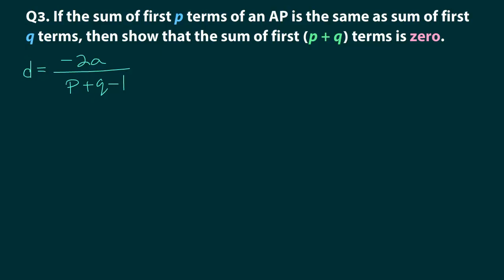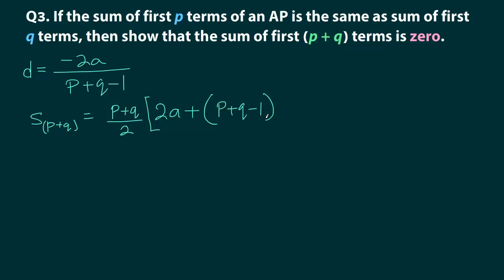Now what we need to prove is that the sum of first p plus q terms is 0. Using the same formula, the sum of first p plus q terms will be equal to n, which is p plus q, by 2, times 2a, where a is the first term, plus n minus 1, so p plus q minus 1, times the common difference d.